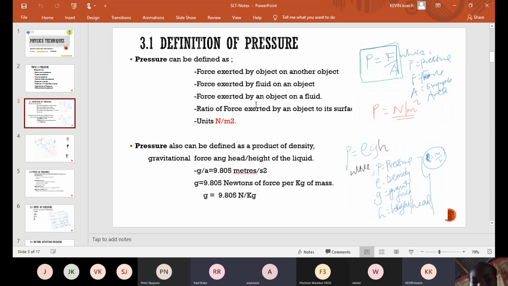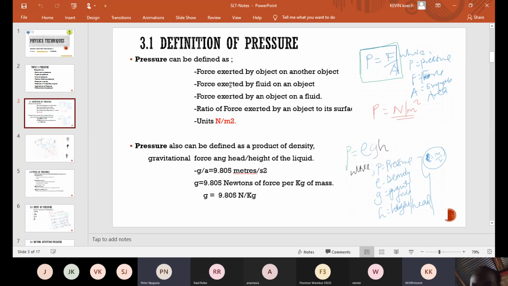So pressure is defined as force, in newtons, exerted by an object on another object. Number two, someone can define pressure as force exerted by a fluid on an object.